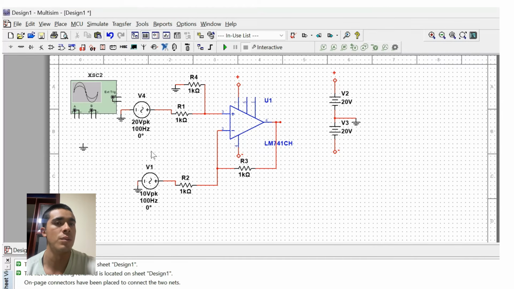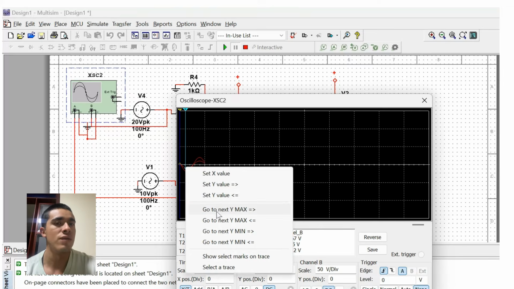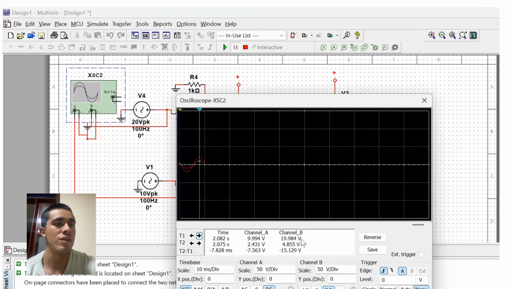Next, the positive terminals of the oscilloscopes are connected to the output and the input, and the negative terminal is connected to ground. Note that the output voltage cannot exceed the supply voltage. When simulated, a maximum input value in volts is obtained, whose difference from the other 10-volt source is what is shown on channel A.